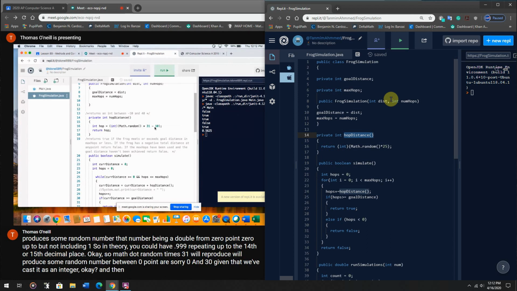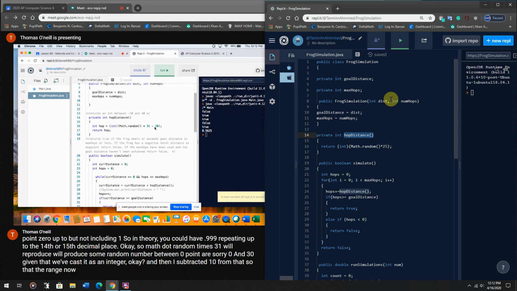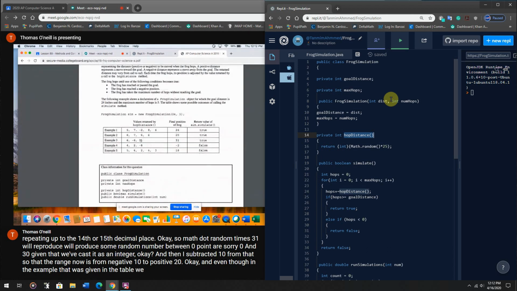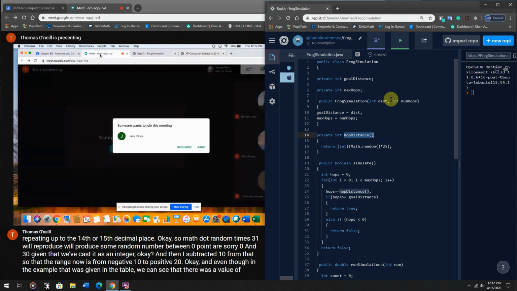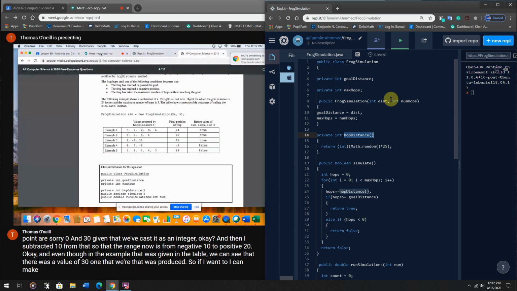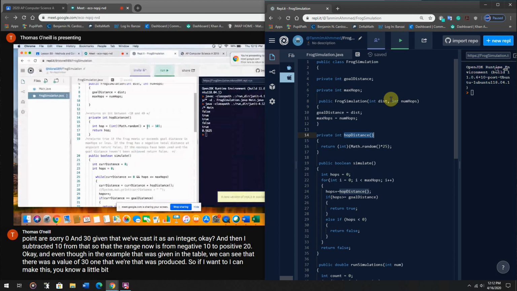And then I subtracted 10 from that so that the range now is from -10 to +20, okay? And even though in the example that was given in the table, we can see that there was a value of 31 that was produced, if I want to, I can make this a little bit larger to fit that, and I can make this 41 instead of 31.